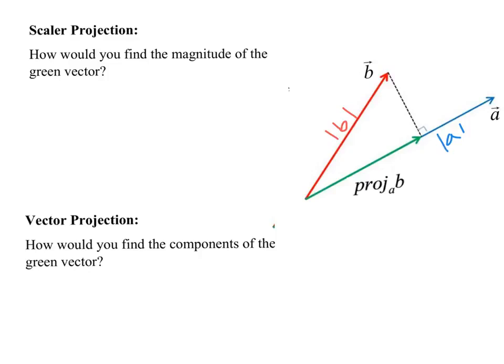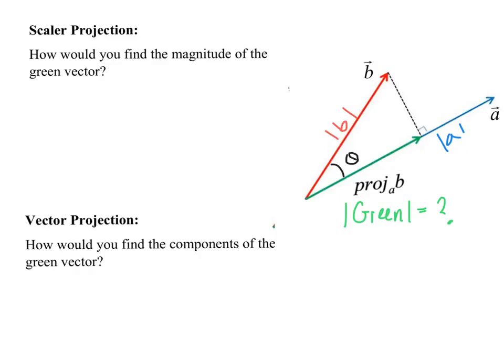What we're looking for is the magnitude of the green vector. What is the length of the green vector? Now, I think a lot of people look at this and say we can find an angle and use some trigonometry.